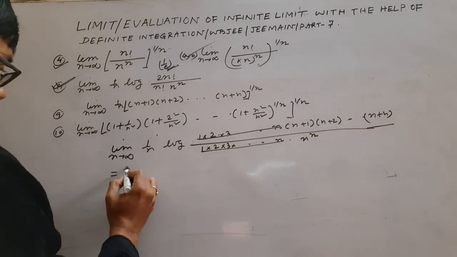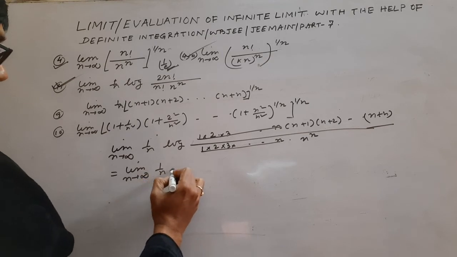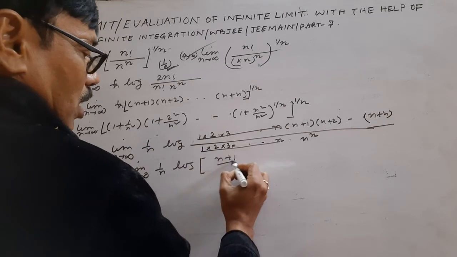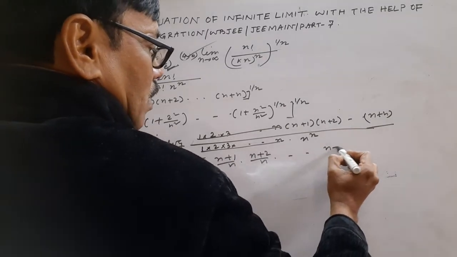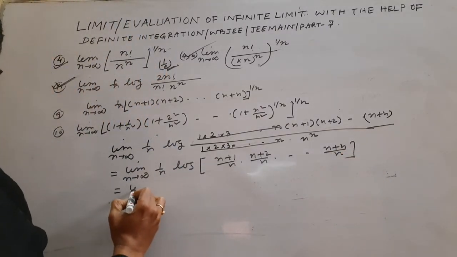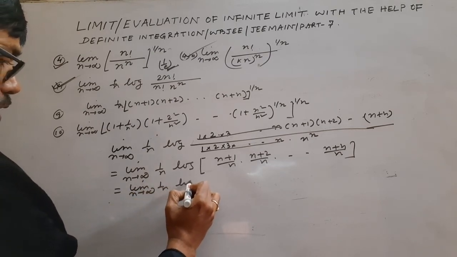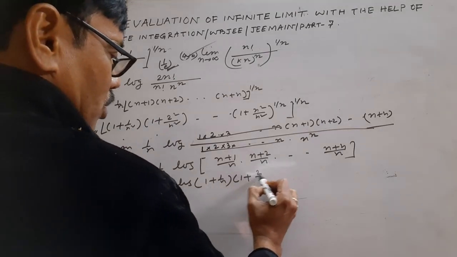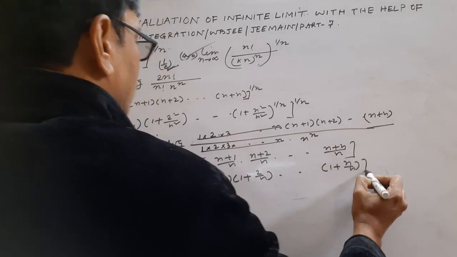Now it is exactly the same as the previous one. So log of n plus 1 by n, n plus 2 by n, up to n plus n by n. So limit n tends to infinity, 1 by n log of 1 plus 1 by n, 1 plus 2 by n, up to 1 plus n by n.